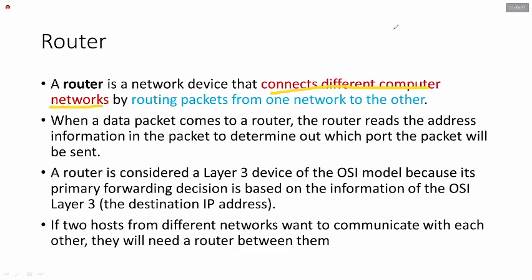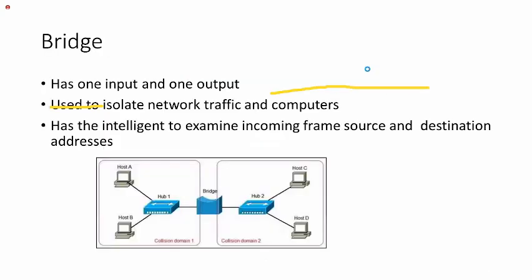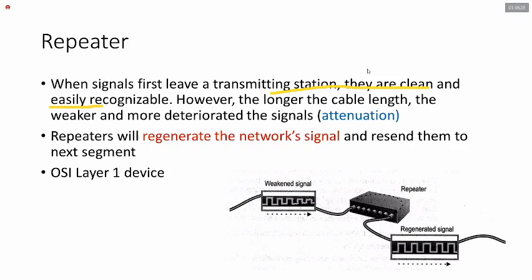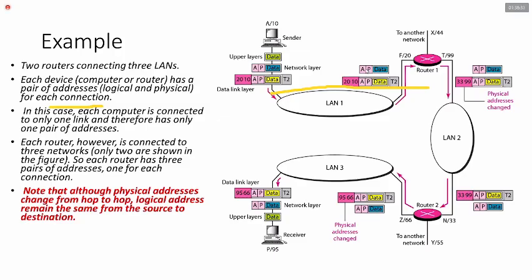Two or three LANs. Remember this example that we discussed last week, where I explained how a packet travels from one place to the other place. So see here, the routers, they are connecting what? Router 1 is connecting what to what? Yes, LAN 1 to LAN 2, right? It's connecting two computer networks together.